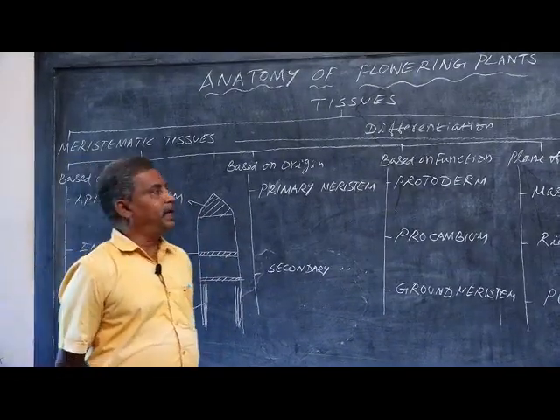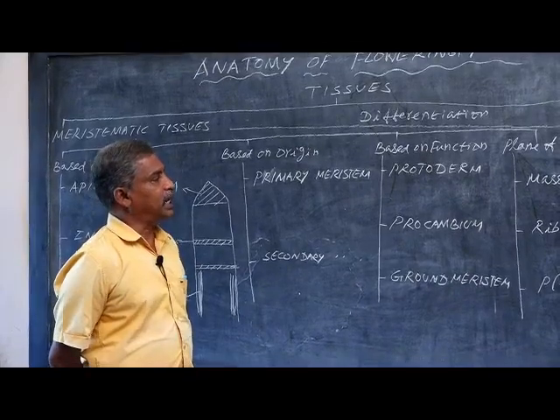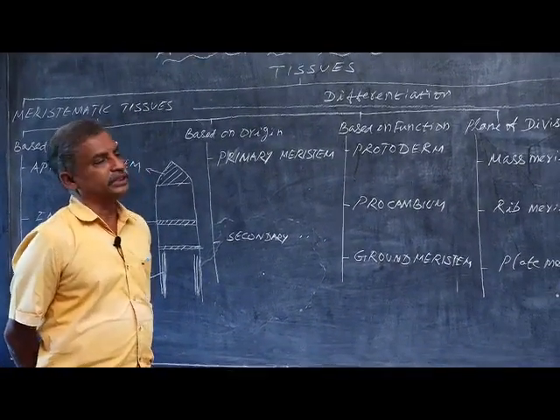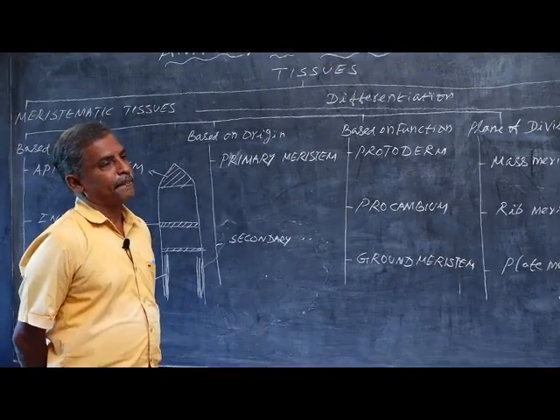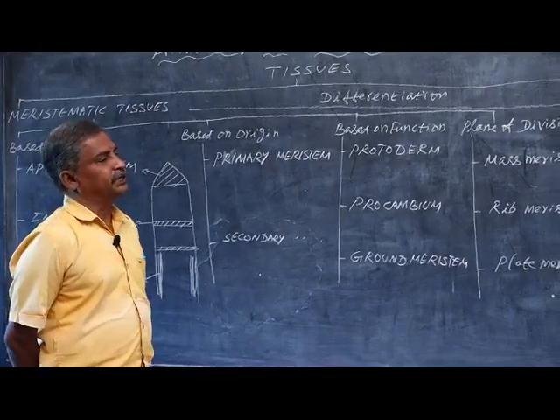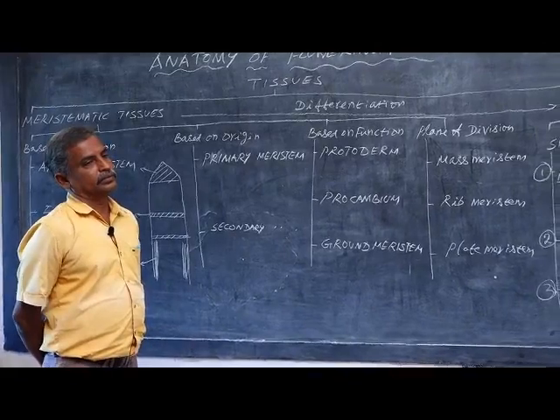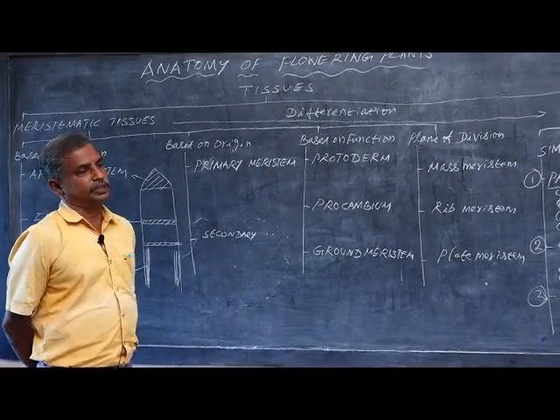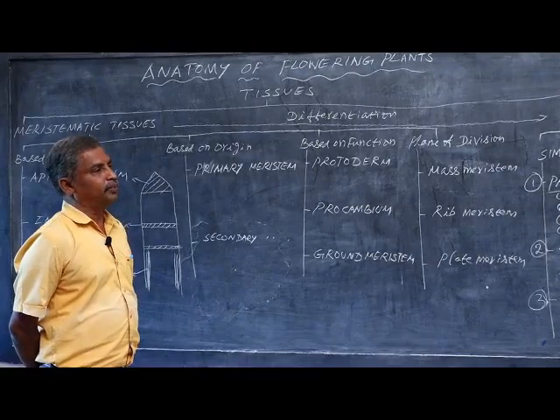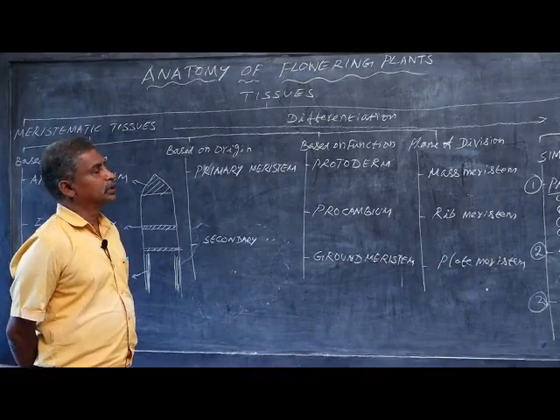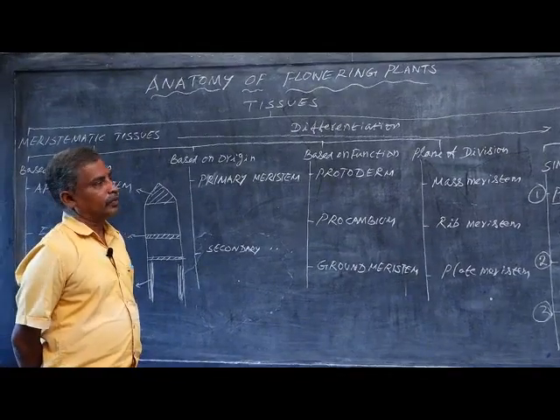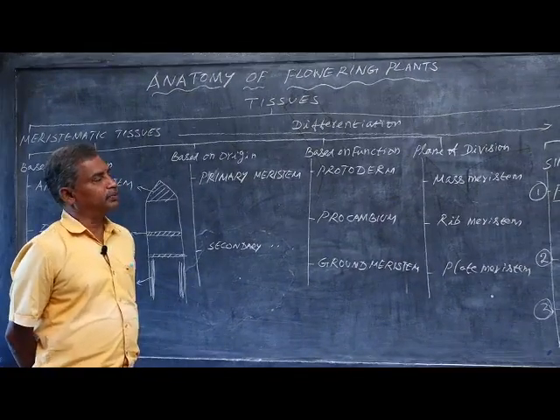Then based on the plane of division, the meristems are classified into mass meristem, rib meristem, and plate meristem. Mass meristem means the cells which divide in all planes. Example, the embryo of the seed, which undergoes division in all planes, so it comes under mass meristem.